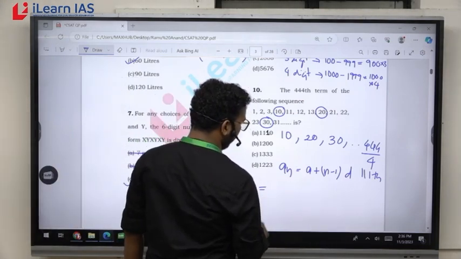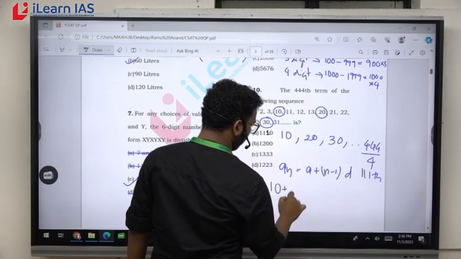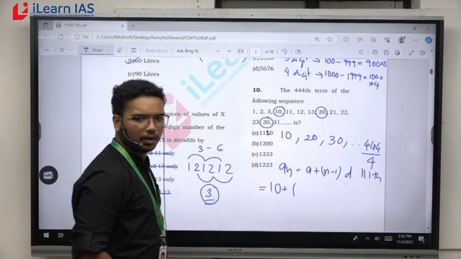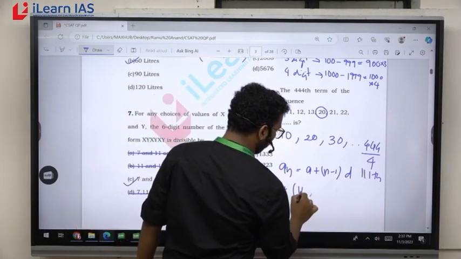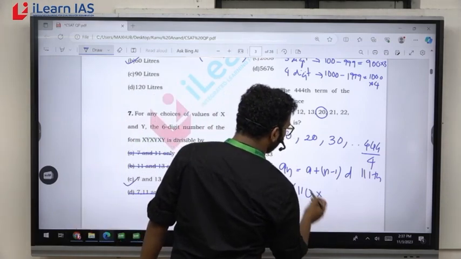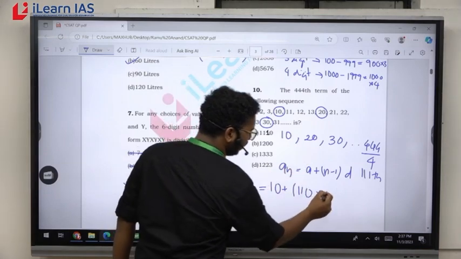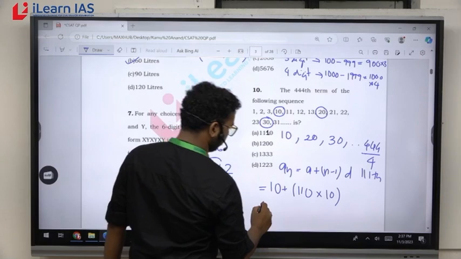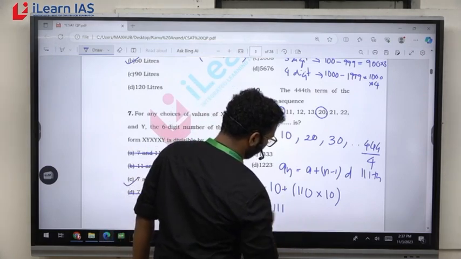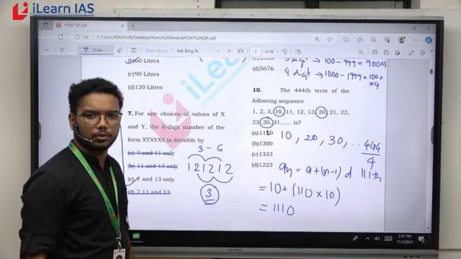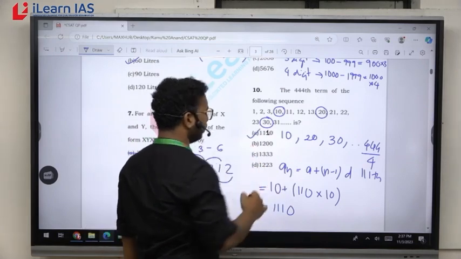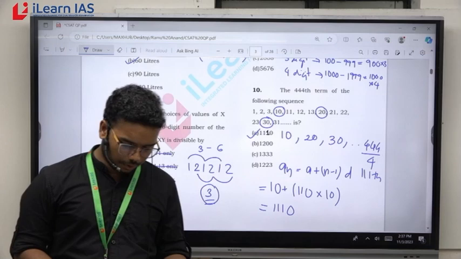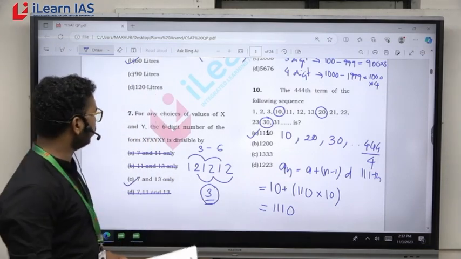So a is 10, plus n minus 1. n minus 1 means 111 minus 1, that is 110, into the common difference, which is 20 minus 10, that is 10, that is 1110. Clear? This is the problem of arithmetic progression.